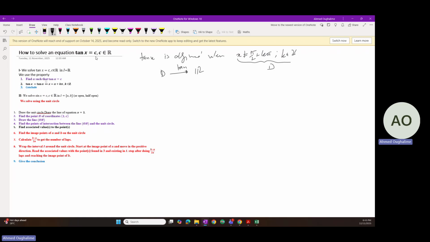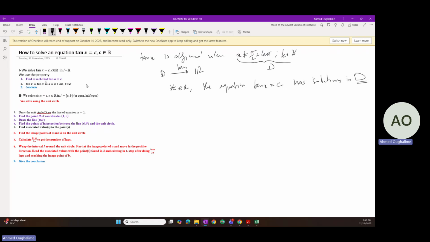It means that whatever c belongs to R, the equation tan x equal to c has solutions in D, in the set of definition of the tan function. So this is the first thing.